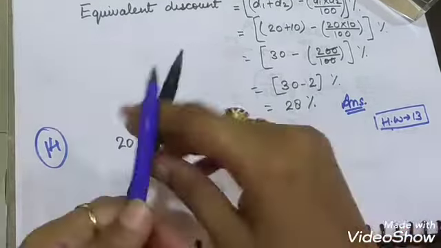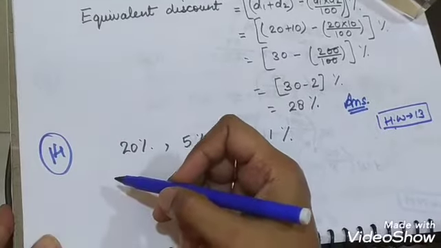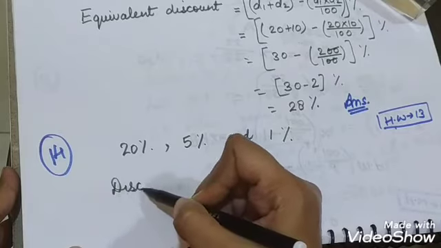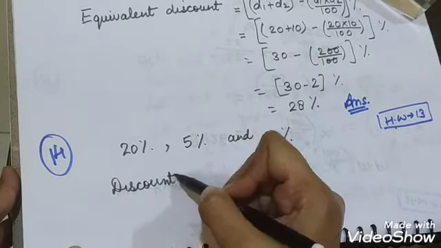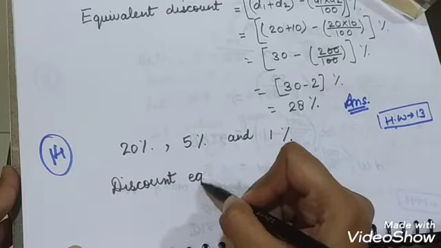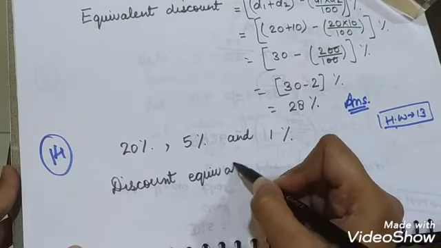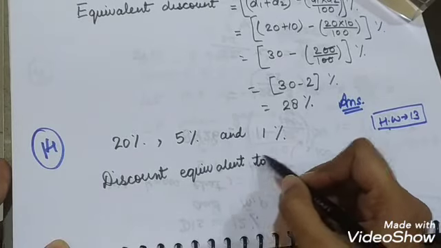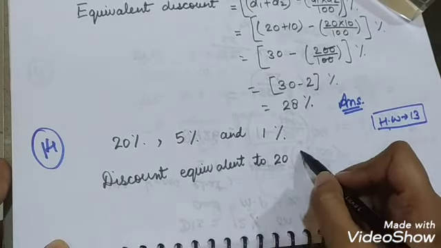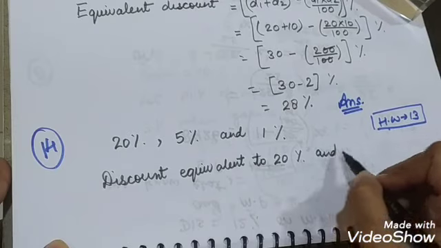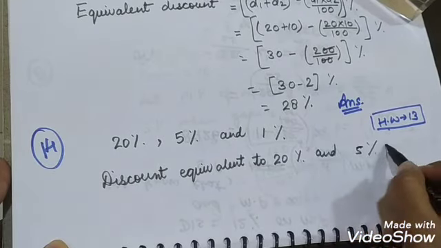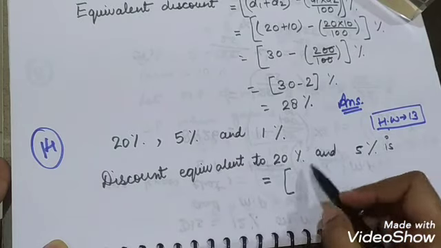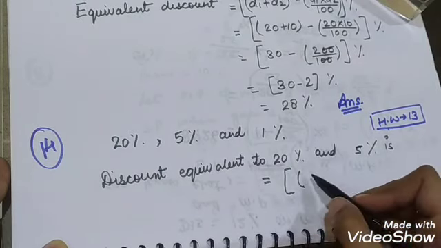So we will write here discount equivalent to 20% and 5%. In place of writing D1, D2, we are just writing first number and second number.